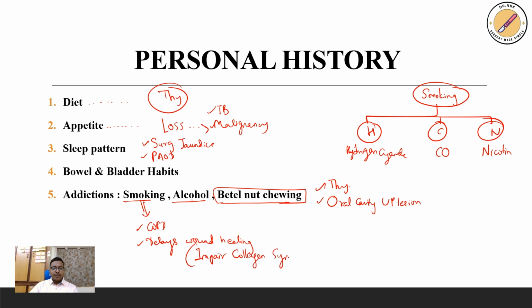So smoking inhibits collagen synthesis. Then, smoking contains these three important substances. Nicotine is a very potent vasoconstrictor, and it also leads to sympathetic stimulation. This sympathetic stimulation along with vasoconstriction is more important in case of PVD, peripheral vascular disease.